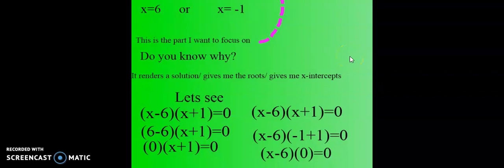This is the part that I would like to focus on. Do you know why we said x minus 6 is equal to 0 or x plus 1 is equal to 0? Some of you might have gotten the right answer here. It renders a solution, or gives us the roots, or it gives me my x-intercepts.